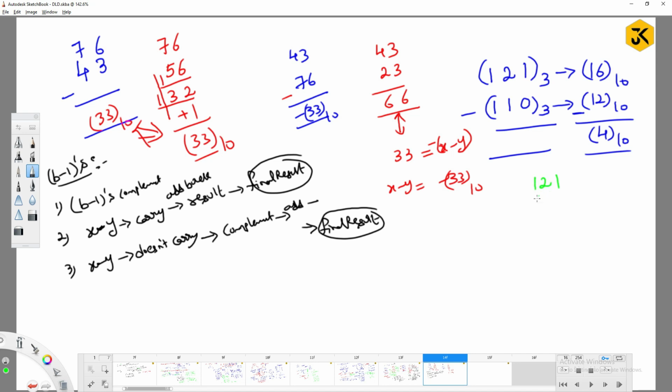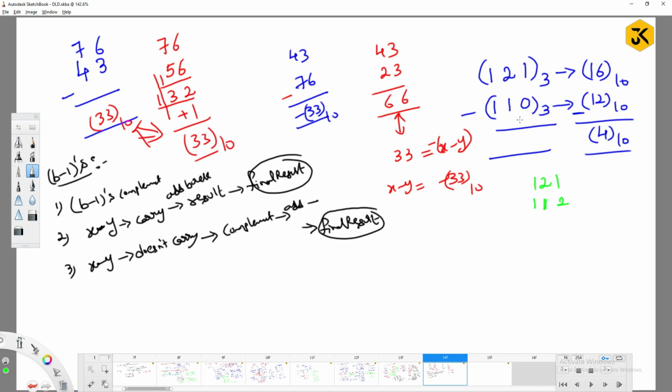If you subtract 110 from it, 110 in decimal format is 12.